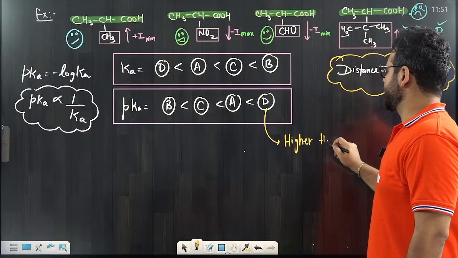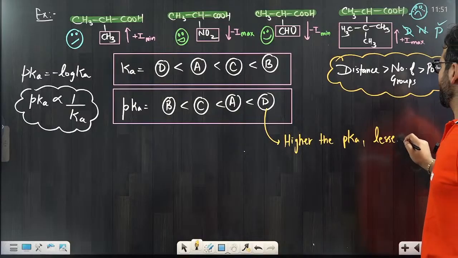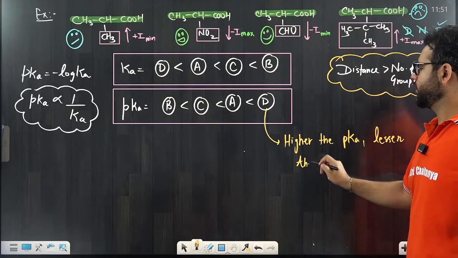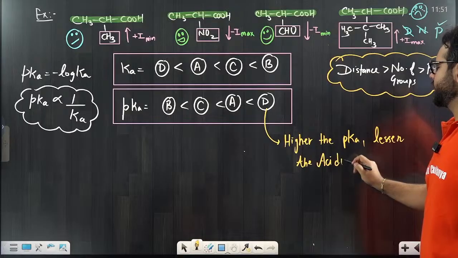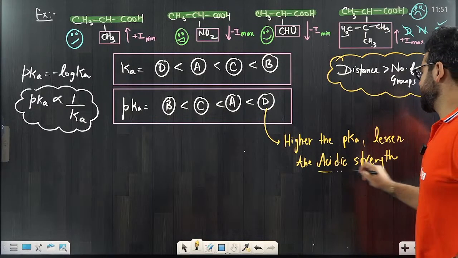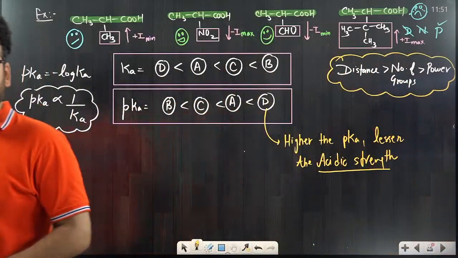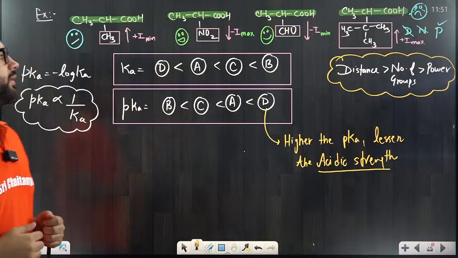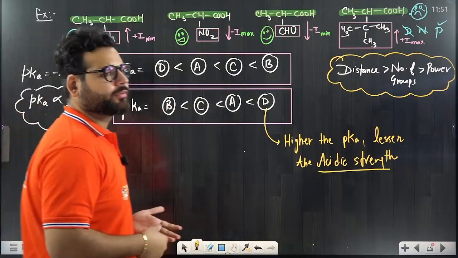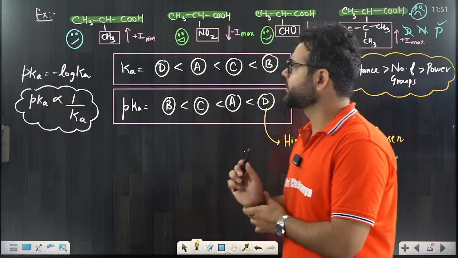So here D is the weakest acid. This is how we can talk about the acidic strength of carboxylic acids.